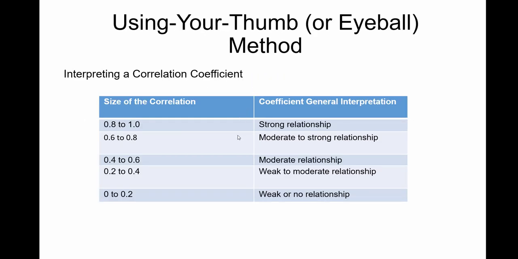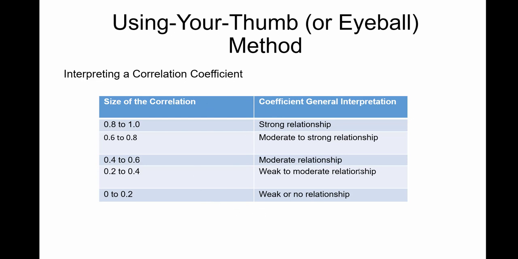So this is kind of a rough guide for how to determine the strength of a correlation. Now remember, the absolute value determines the strength. So just because it's a negative 0.08 does not mean that it's weaker than a positive 0.08. So here's my categories: weak or no relationship, weak to moderate, moderate, moderate to strong, or strong.